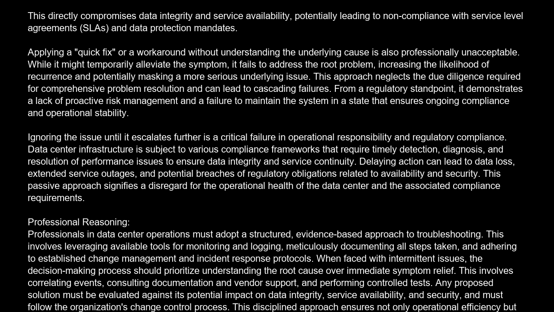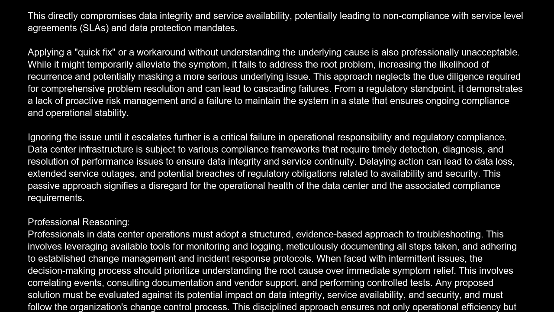Professional reasoning. Professionals in data center operations must adopt a structured, evidence-based approach to troubleshooting. This involves leveraging available tools for monitoring and logging, meticulously documenting all steps taken, and adhering to established change management and incident response protocols. When faced with intermittent issues, the decision-making process should prioritize understanding the root cause over immediate symptom relief.